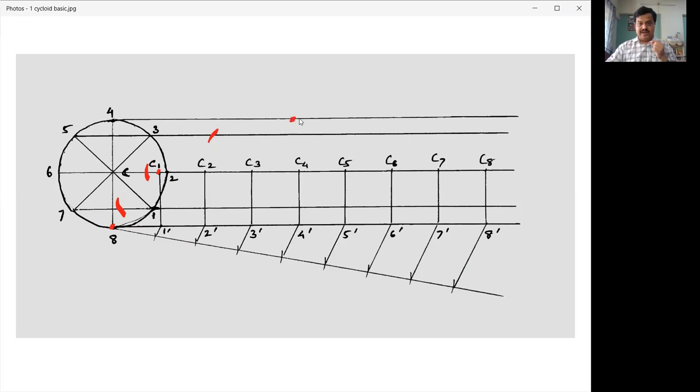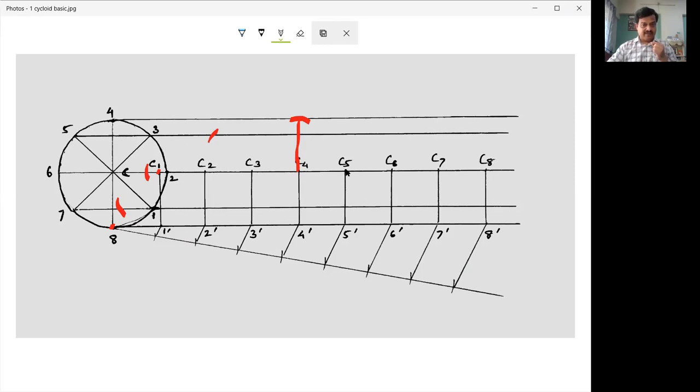Now here you would find that this arc should ideally go tangential, or in other words, it will be exactly above this point C4. Now from C5, the point 8 is going to start coming downwards. That is, point 8 has moved this way up till point 4, and now it's on its downward path, which means it has now come to the right of the center. For this half of the motion, it was to the left of the center. Now it has come to the right of the center, where 3 was originally.